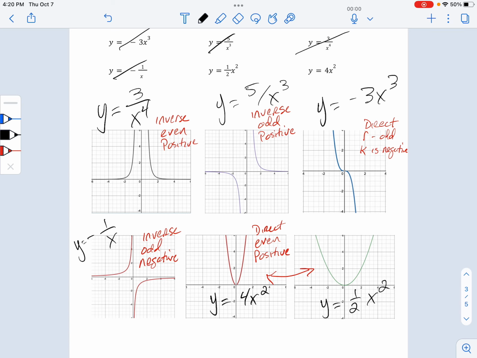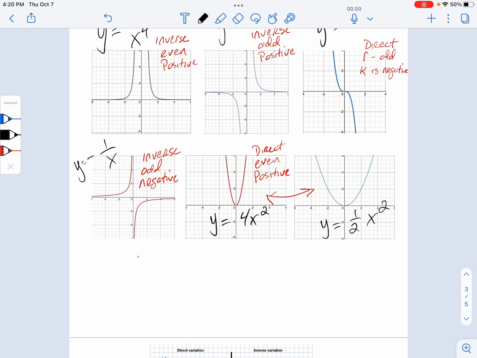If you were ever not able to follow this pattern or remember how this works, something you could always do is plug in numbers for x and then find the value of y. That would allow you to plot some points and get the general shape. So that's always kind of a fallback.